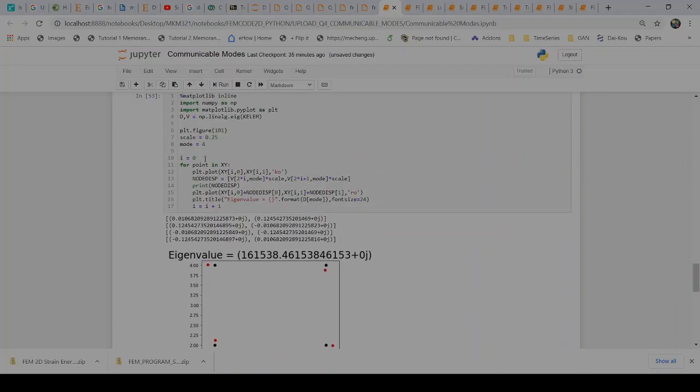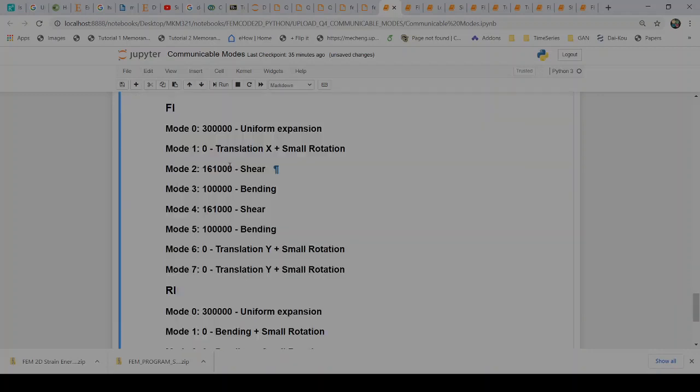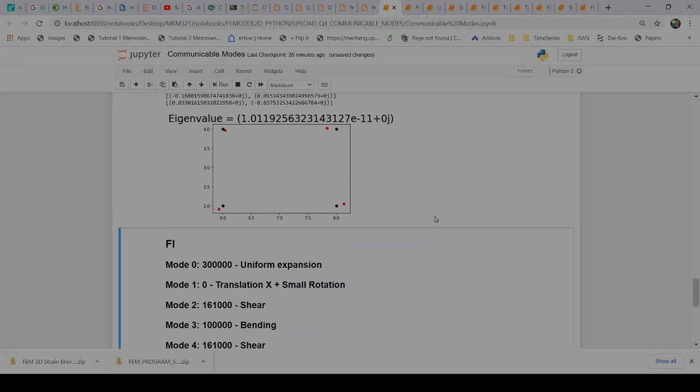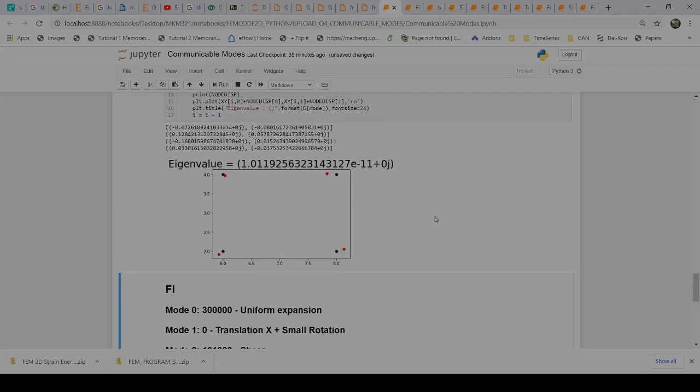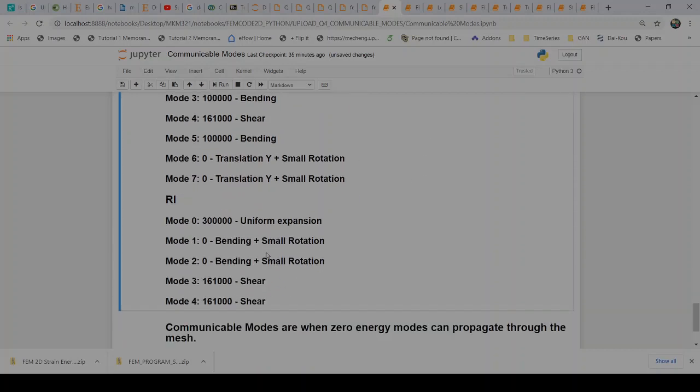Mode 5. If I look at this mode 5, this at the bottom looks again like it's pulling out. It's tension, compression. It's again some bending with some slight translation, rotation.